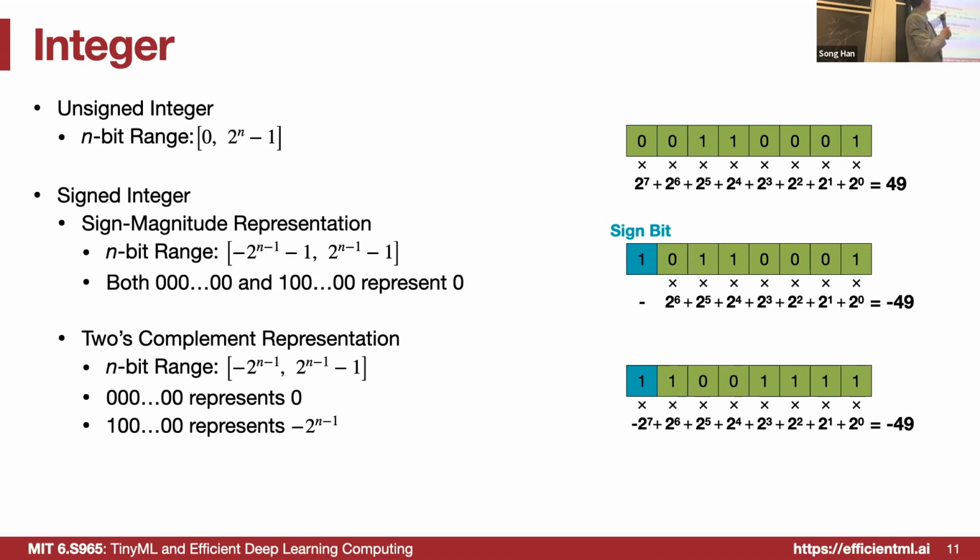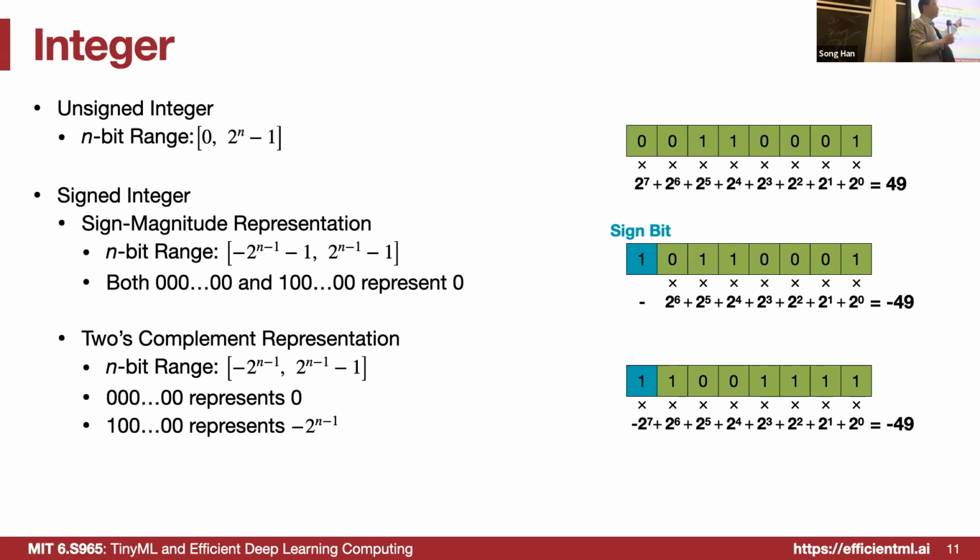Both all zeros and a sign bit of 1 followed by all zeros represent 0. So we are actually wasting one slot for 0. Since this is the sign bit, no matter if it's positive or negative, as long as the magnitude is 0, it's 0. So we waste one.